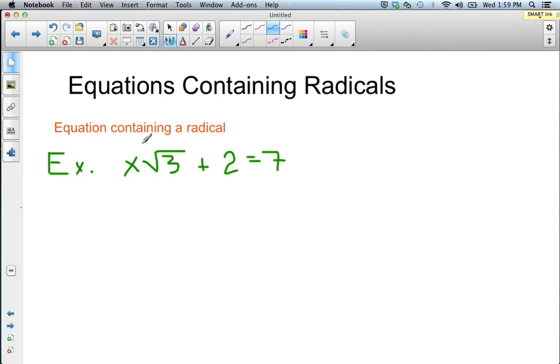Okay? A radical equation is an equation where the actual variable is underneath the radical. So the variable is the radicand, and I'll show you what that is in a second. So this one, you're just isolating x like any other equation. Subtract 2, divide by square root 3. But let's show the radical equation and how it's different.